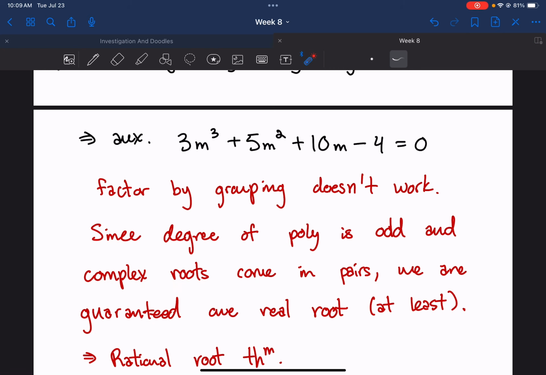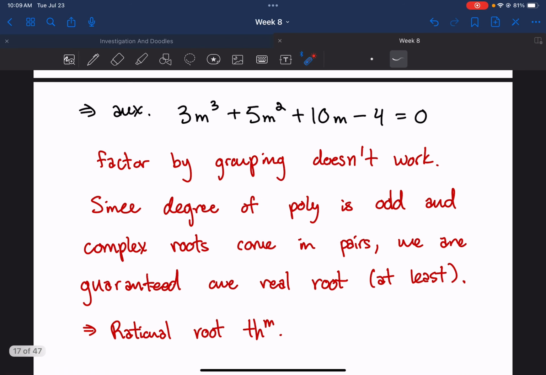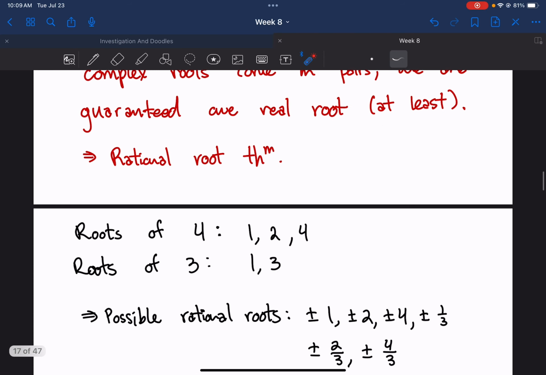So the rational root theorem says any rational root should be factors of this divided by factors of this. So we list out the factors of 4 and the factors of 3.